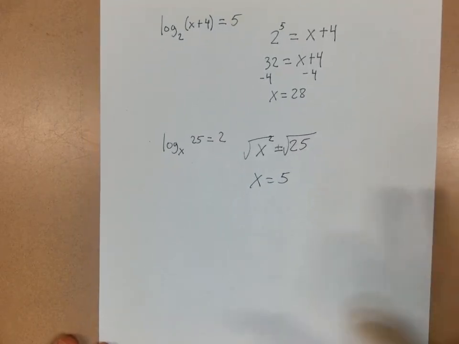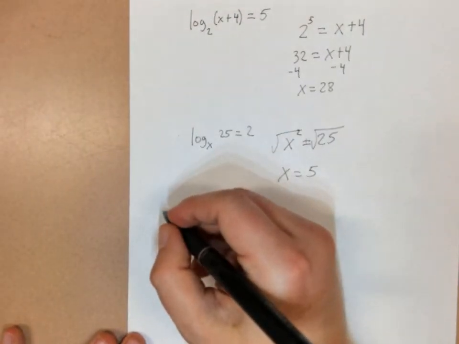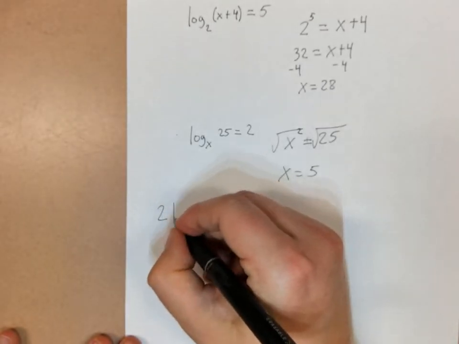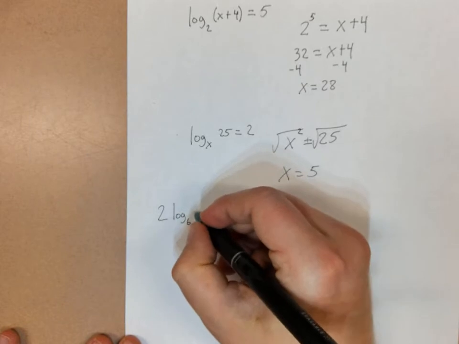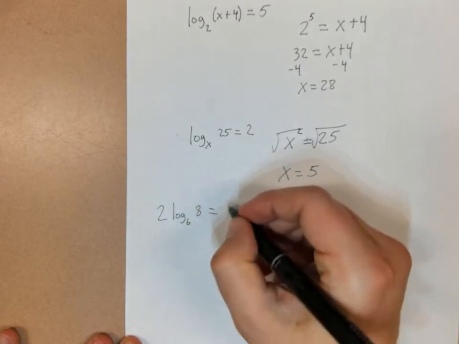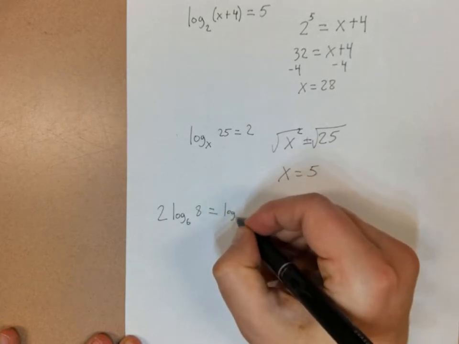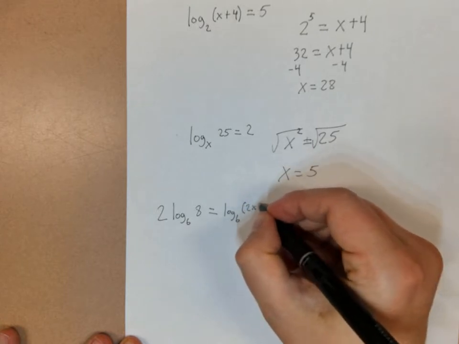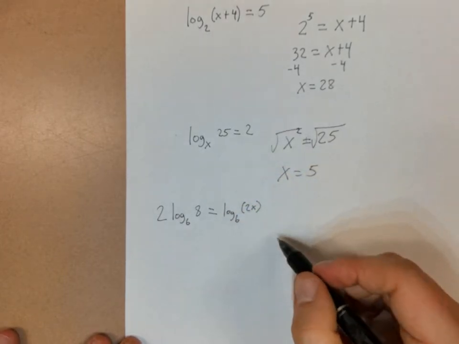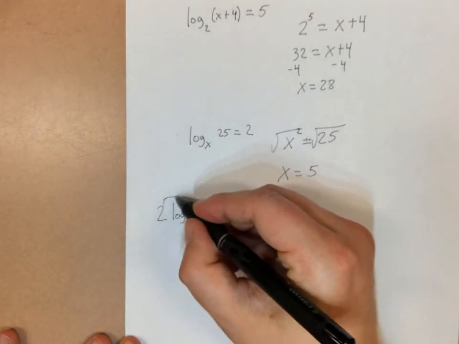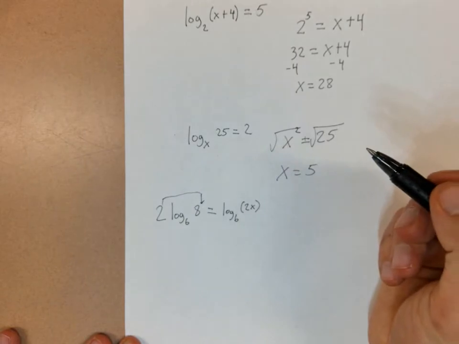One other thing, or really two other situations that will come up, one's pretty straightforward, one's not so straightforward. Let's say I have 2 times log base 6 of 8 equals log base 6 of 2x. We can use a couple of different rules. One is the rule with exponents, where I can bring the 2 in as an exponent.